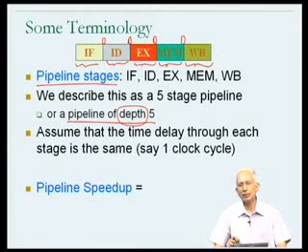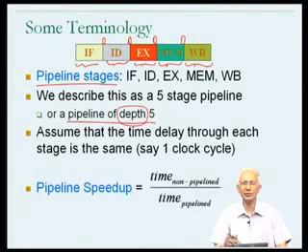I can therefore think about a concept of speed up. Now, the principle behind trying to come up with this speed up is that we understand that by using a pipelined processor rather than a processor which is not pipelined, in other words, one without the buffering, one in which a single instruction is completely executed before the next instruction is fetched, we can compare performance. So I could compare the performance of a pipeline processor with the performance of an equivalent non-pipeline processor using this measure called pipeline speedup.